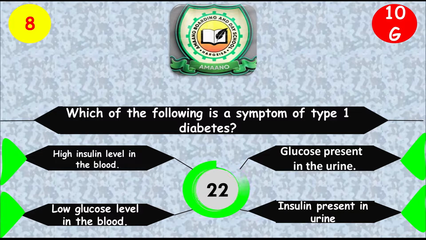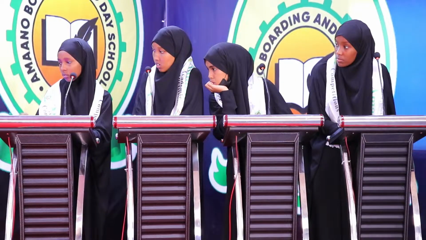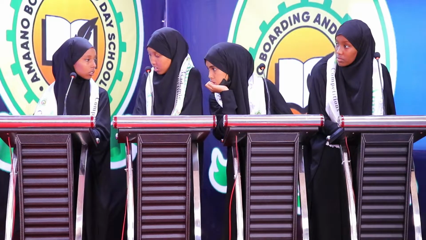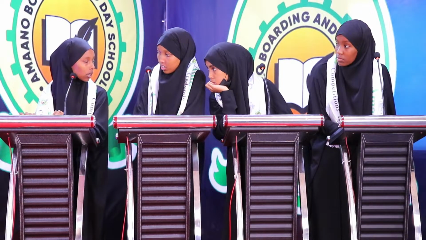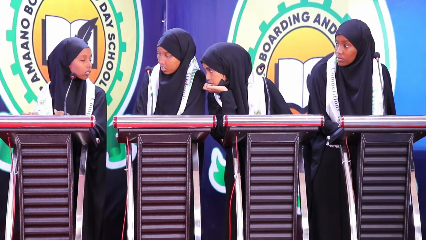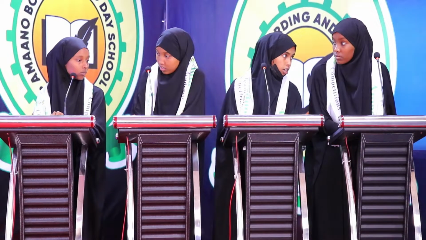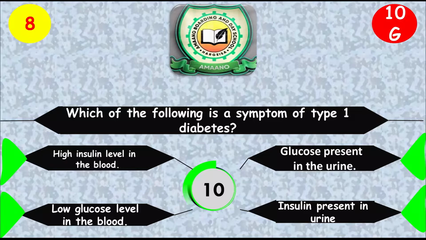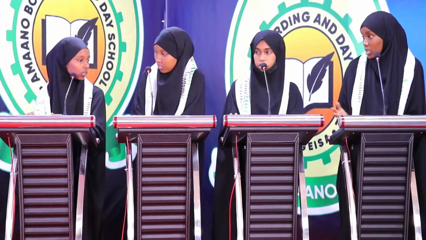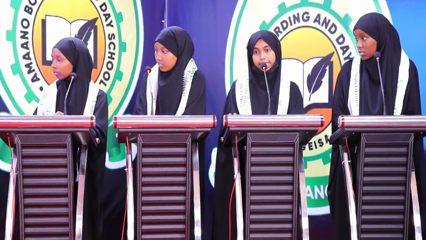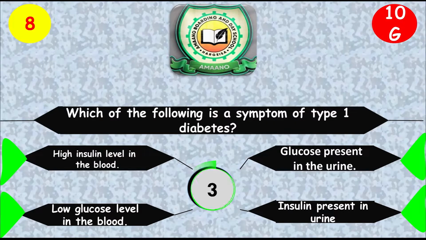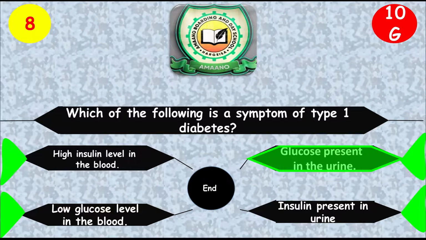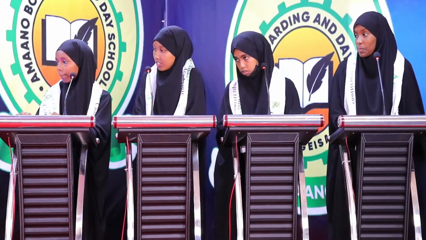And D. Insulin presence in urine. Yes? D. It's wrong. We pass to 1B.